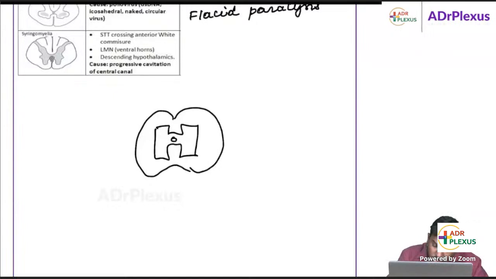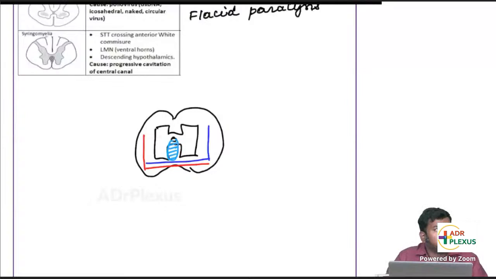It is going to involve the crossing fibers of the spinothalamic tract. So whenever it involves the crossing fibers of the spinothalamic tract, what is going to happen?